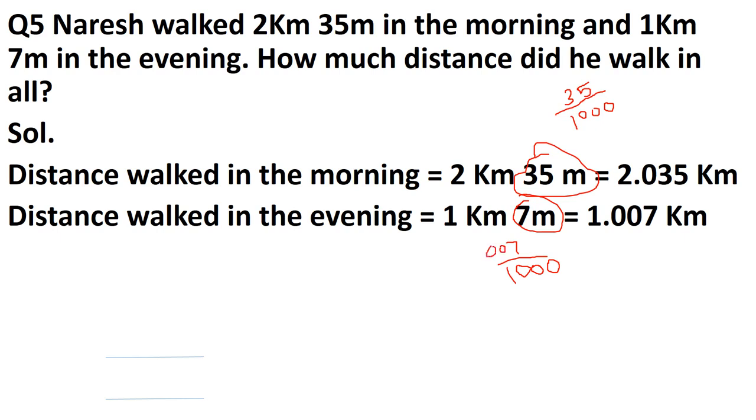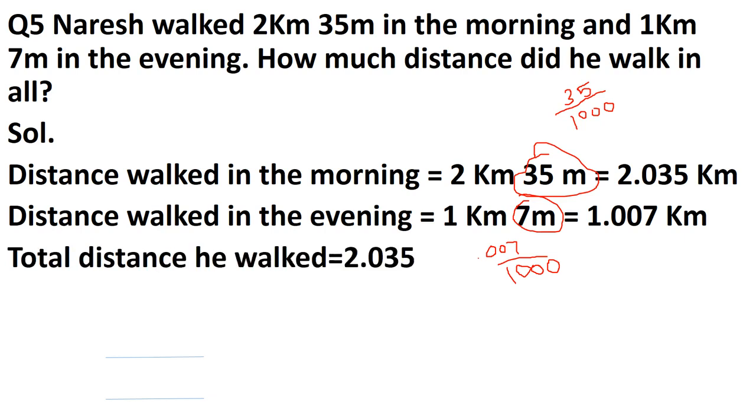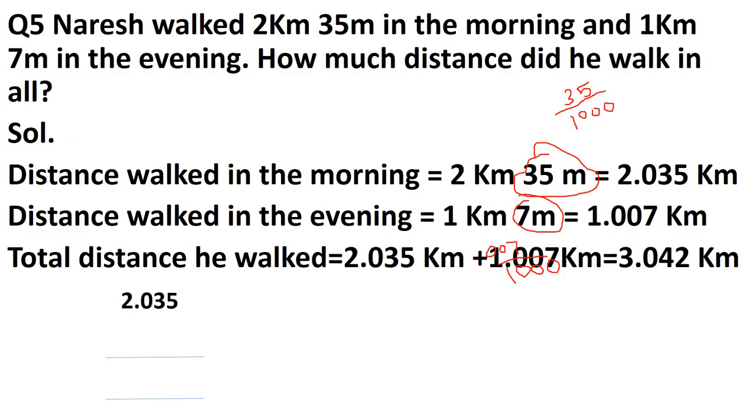Here also you will write down 0. Now 3 digits are here. So we will place decimal here. It is decimal 007. Now total distance he walked 2 decimal 035 plus 1 decimal 007 kilometer, which is equal to 3 decimal 042 kilometer. See the addition in rough. Clear? Let's move now.